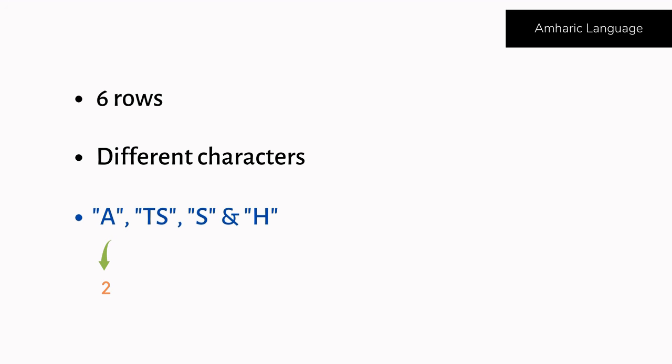Same with the combined letter TS and the letter S. They both are taken in 2 rows as main letters with different Amharic letters or characters representing the same single sounds they form. And finally, the letter H. The letter H is taken as main letter in 4 rows having different Amharic letters or characters representing the same single sounds it forms.